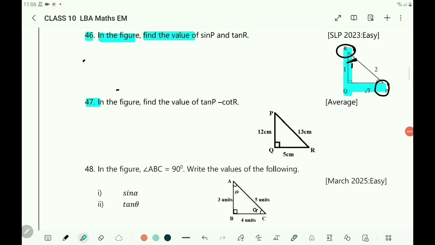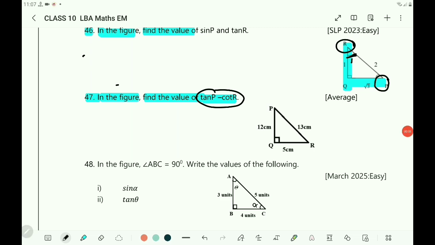Question number 47. In the figure, find the value of tan P minus cot R. Here we have to find out tan P minus cot R. First one is for angle P, tan P. Here we have to see the angle P. Tan P means opposite side by adjacent side.